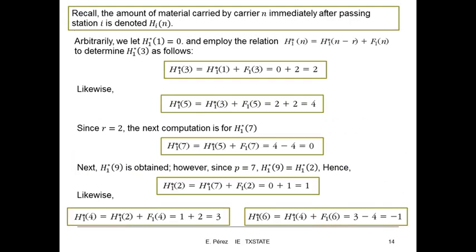So that's why H1 of 2 is equal to H1 of 9. And something that was a question that we had in class last Monday was why are we getting some negative values for some of these H1 stars?